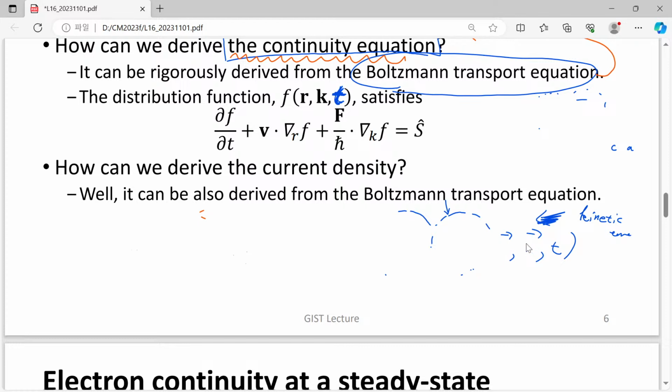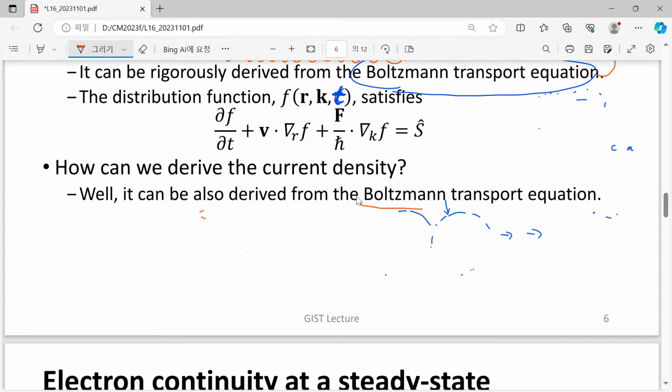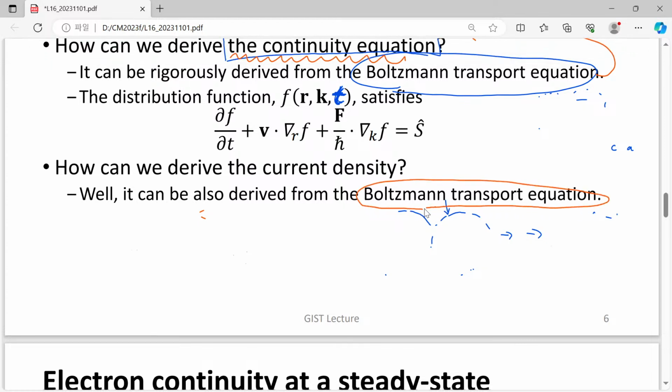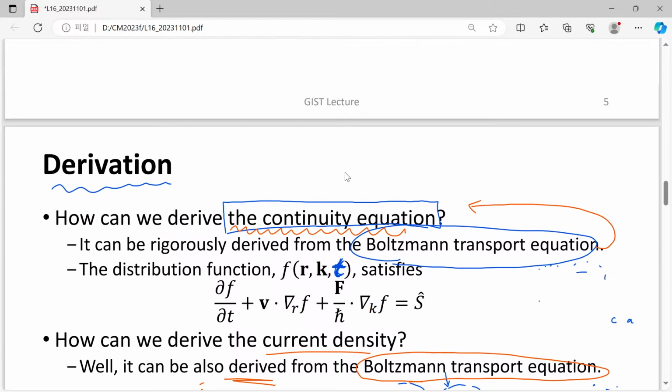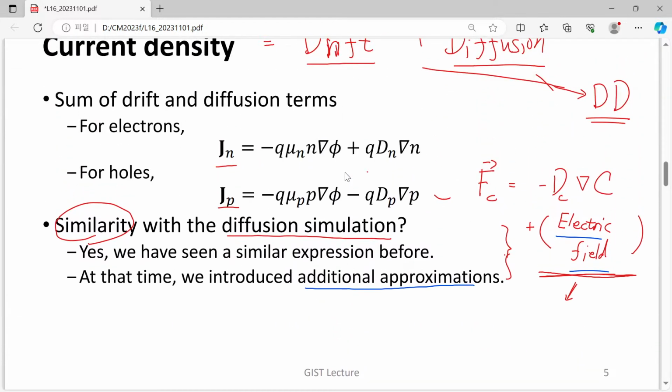The answer is partially yes. I mean that also from the Boltzmann transport equation, the governing equation of semi-classical transport, we can try to derive the current density. Actually, the forms you are currently looking at are derived from the Boltzmann transport equation.